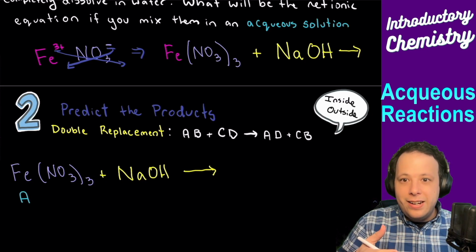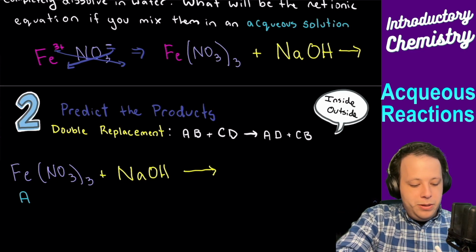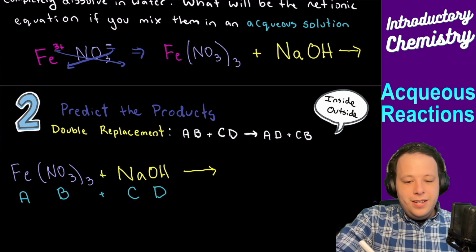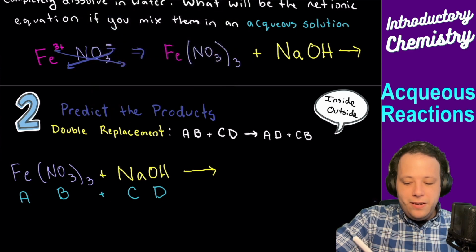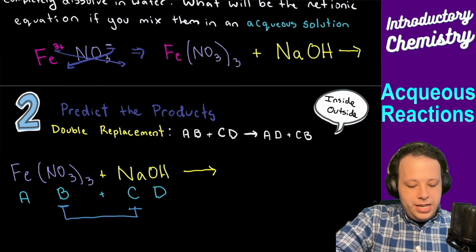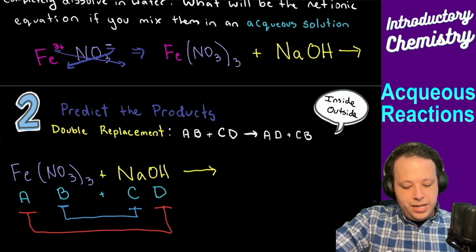Every cation and anion gets a label. Iron would be one, nitrate would be the other, sodium is one, hydroxide is the other. The tip here is inside outside: the inside bond together, and then the outside bond together.